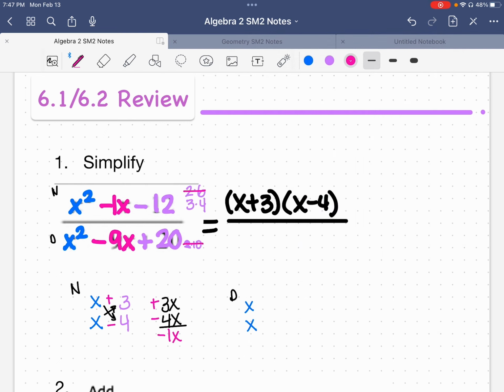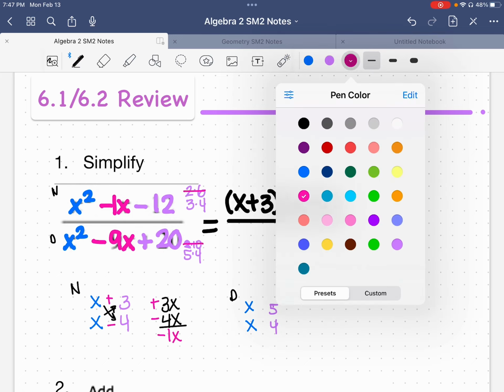What could it be? Oh, I know. 5 times 4. 5 plus 4 is 9. If I can get positive 9, I can get negative 9. All right, here we go. 5 and 4. Let's cross multiply.